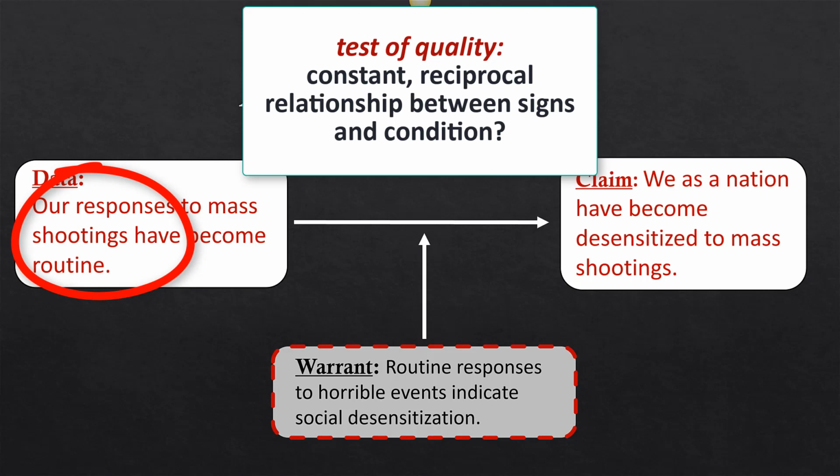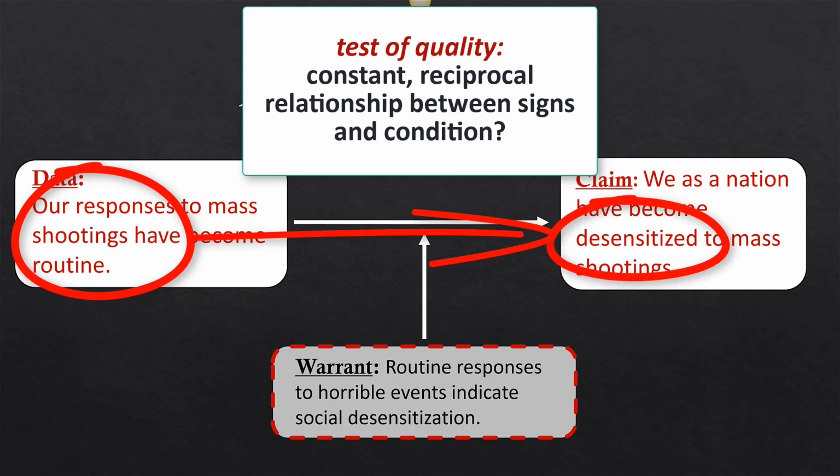So when you see routine responses to a violent event, does that indicate being desensitized? And if we are numb or desensitized, is that always accompanied by routine responses and behaviors? There seems to be some sense, based on most of our practical experience in these emotional matters, that these things do tend to go along together a bit.